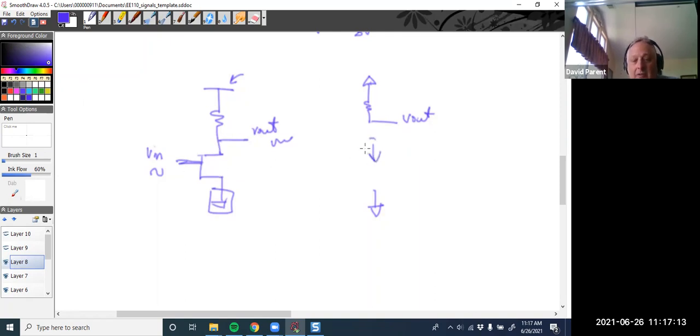So I draw the current source, right? And VGS or VN, right? Because it's VN to ground and S to ground, and S and ground are actually at the same thing. So I can replace that.